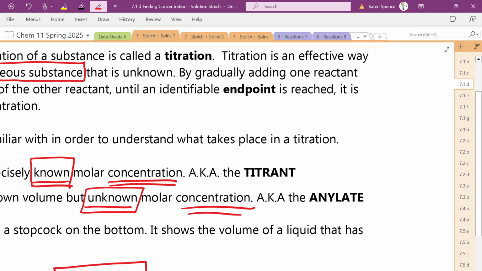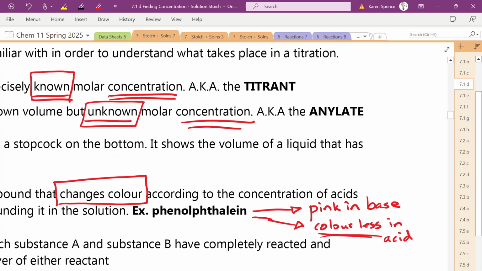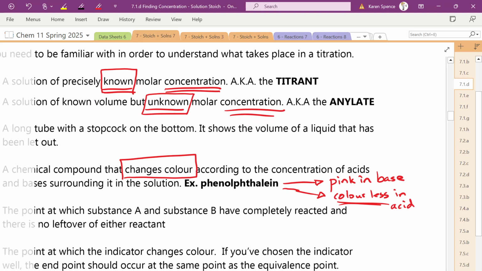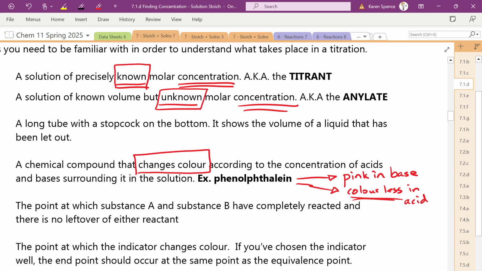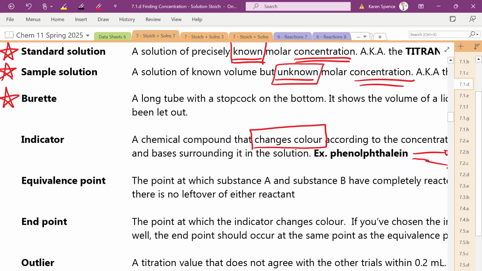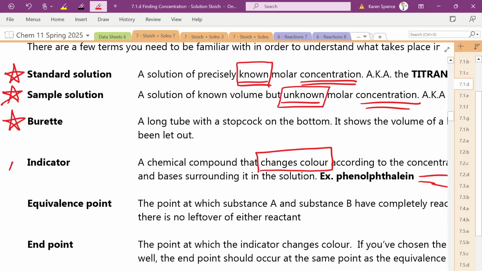The moment the acid is neutralized and you add more base, the solution becomes basic and will turn pink. I'll do a quick demonstration maybe on Monday, and then you'll get a chance to do it yourself very soon. So you need to know indicator.